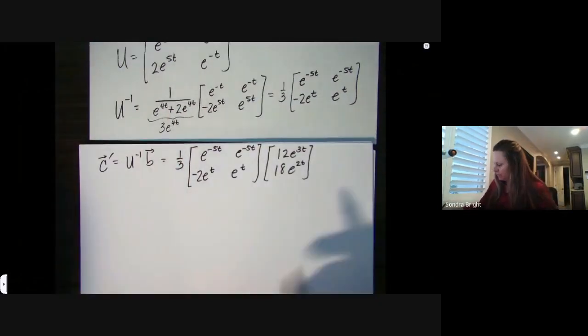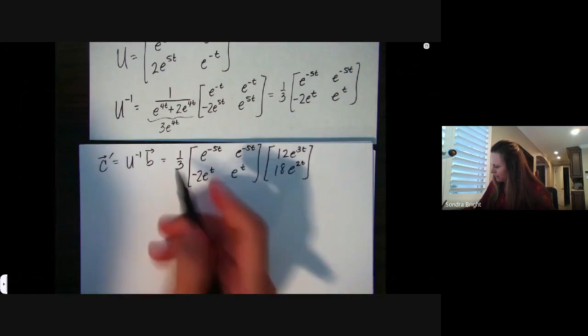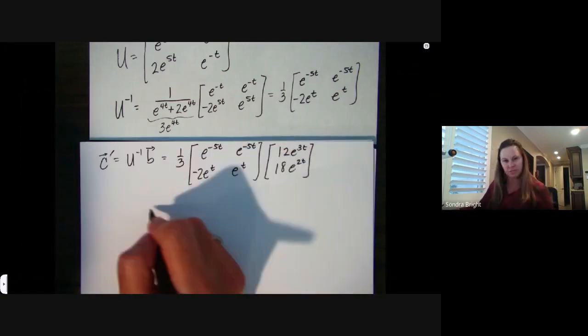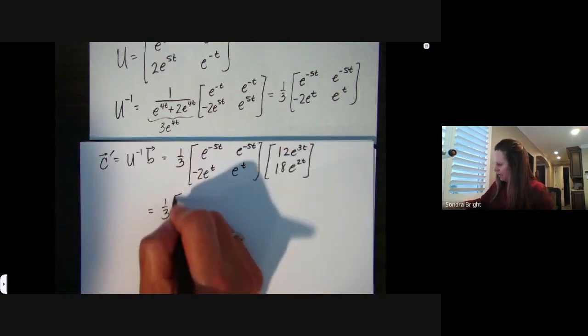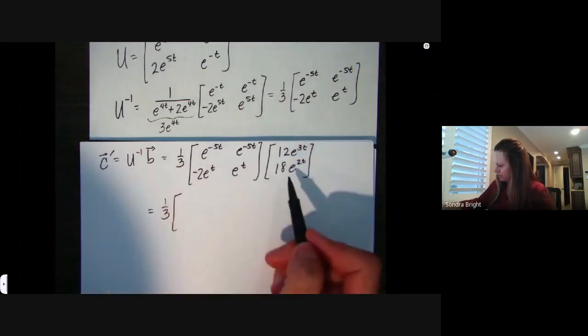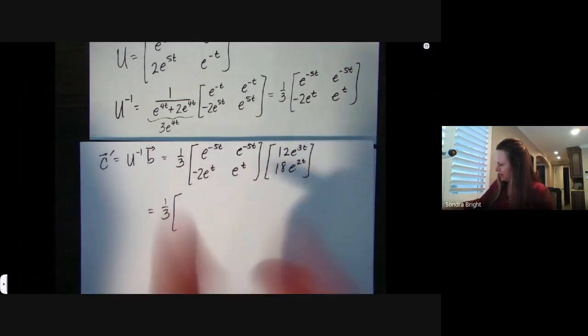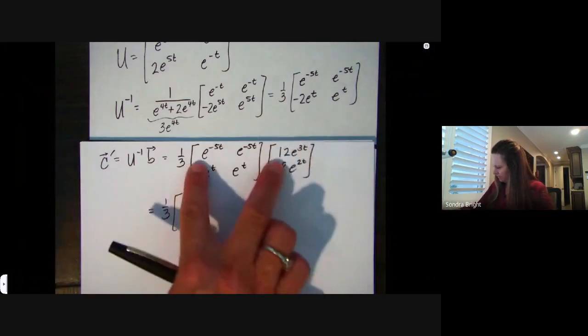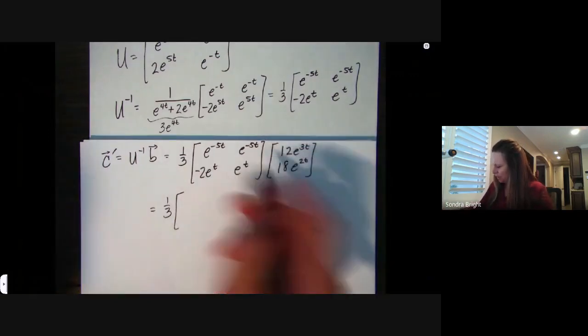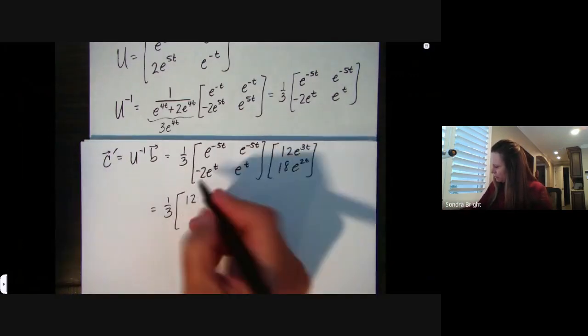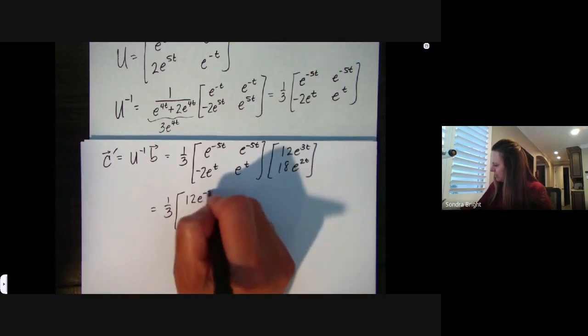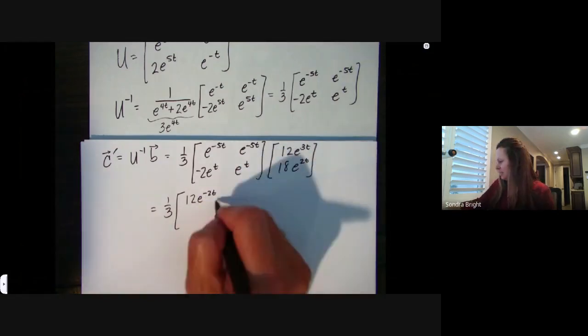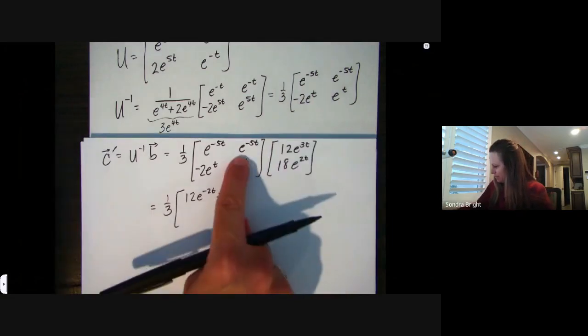So I'm going to leave the 1/3 out front, and I'm going to multiply these two matrices. 2 by 2 times a 2 by 1. My answer will be a 2 by 1. Element by element, row 1 times column: e to the negative 5t times 12e to the 3t will give me a 12e to the negative 2t, and then plus e to the negative 5t times 18e to the 2t.